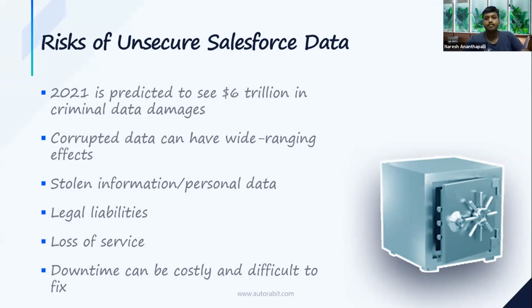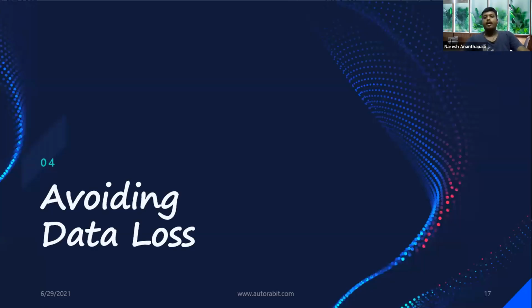But apart from that, we also need continuous monitoring tools in place to make sure that whatever changes we are making are not impacting the vulnerability of the data, exposing it to unintended participants. For the next few slides, we'll be talking about how to avoid data loss and the common sources of how data corruption or loss may happen.